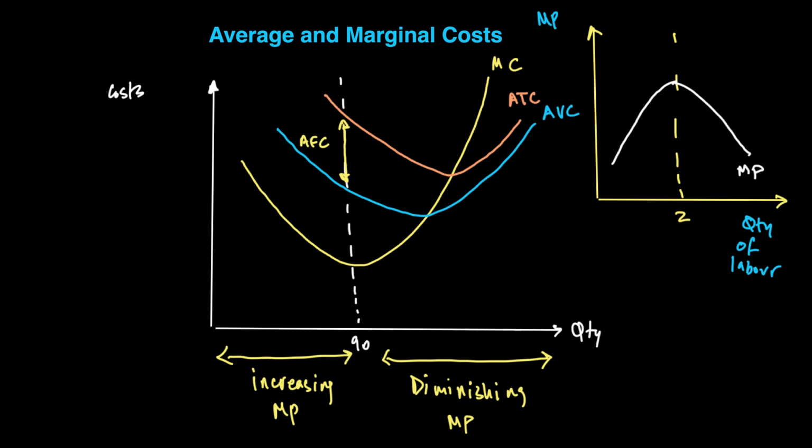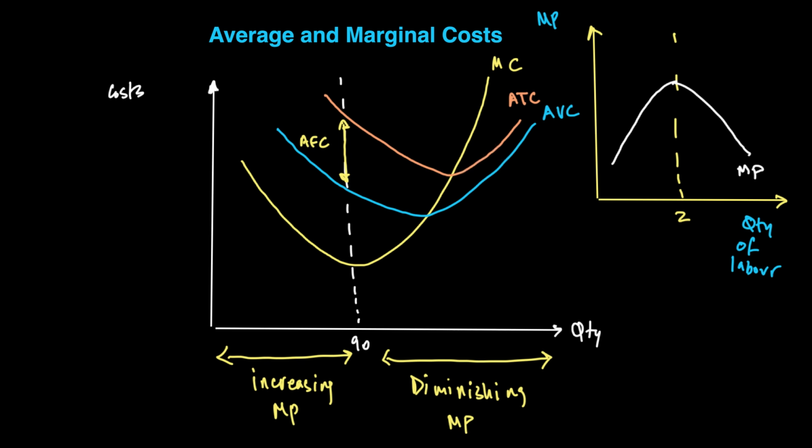Now when we look at marginal cost, the relationship seems to be such that when MC is below our ATC and AVC, both ATC and AVC are falling. Look at this, when the yellow line is below AVC, the blue line is going down. As soon as MC is above AVC, AVC starts to rise. And similarly, when MC is below ATC, ATC falls, but then ATC starts to rise.